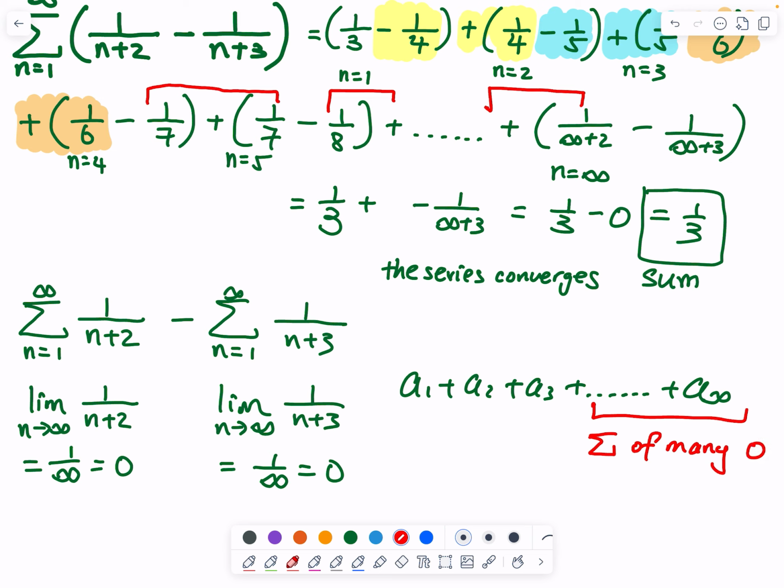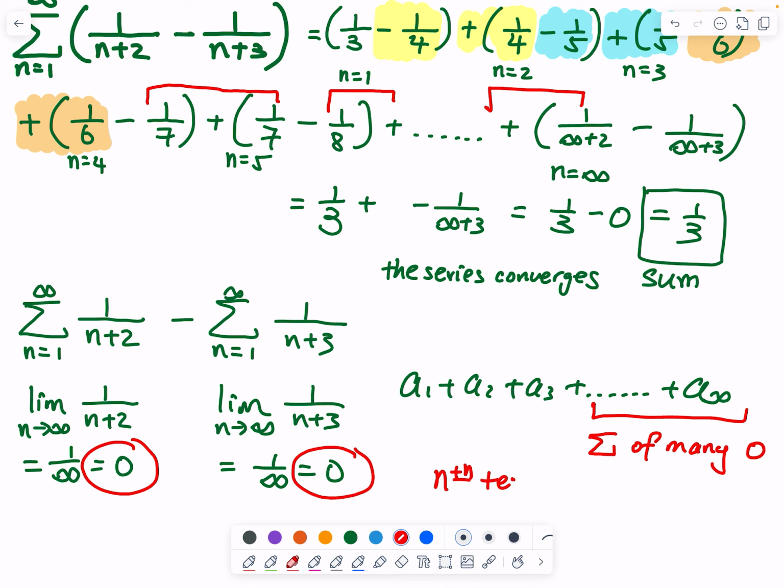The sum of many 0s is not going to make the sum go straight to positive infinity. Therefore, we say the series converges. Since that is equal to 0, and that is equal to 0, we say the first series converges and the second series converges. When you subtract them, the sum is not going to become infinity. So therefore, the entire series converges using the nth term test.